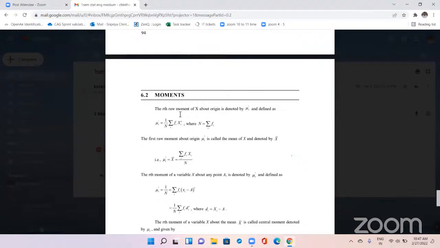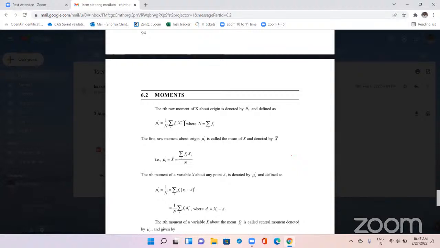The rth moment of variable x about origin is denoted by mu r prime symbol, and is given by mu r prime equal to 1 by capital N sigma x minus a whole to the power of r.